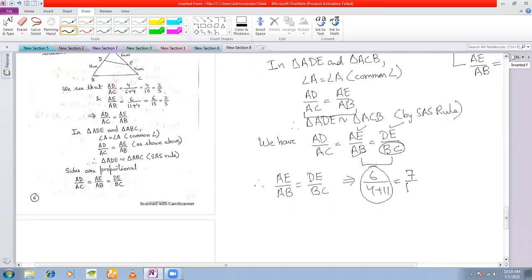And we need to calculate BC. That's it. 7 divided by 15 is equal to 7 divided by BC. So you can cancel 7 here to get BC is equal to 15. So BC is equal to 15 centimeters. That's it.